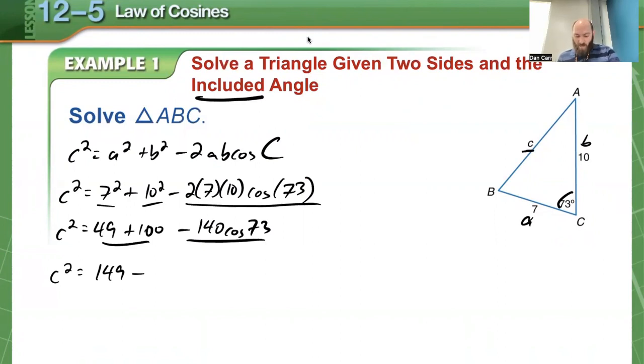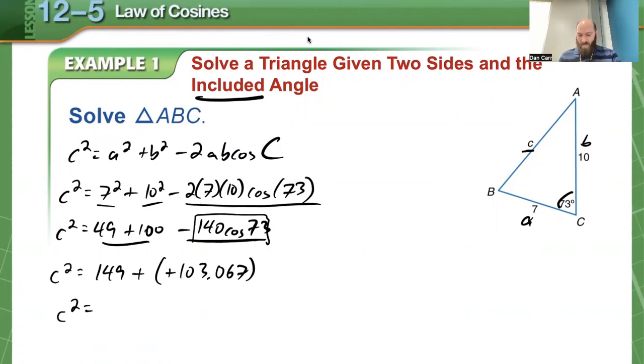I should just do the 140 times cosine 73 without the negative sign. When I do that, I get 103.067. Since I'm subtracting that, that turns into a positive now, so I can add that to the 149.